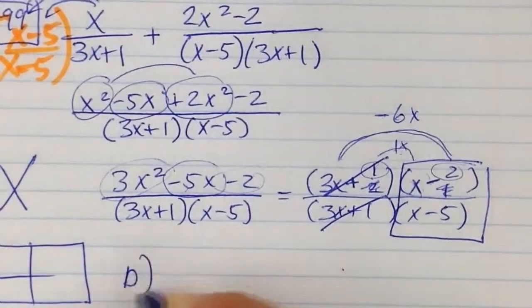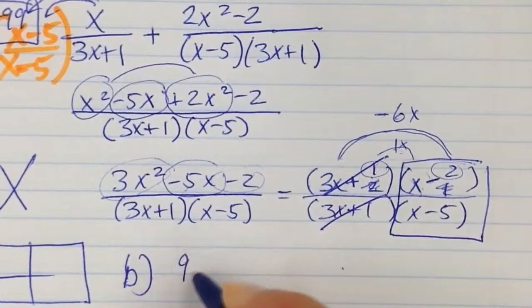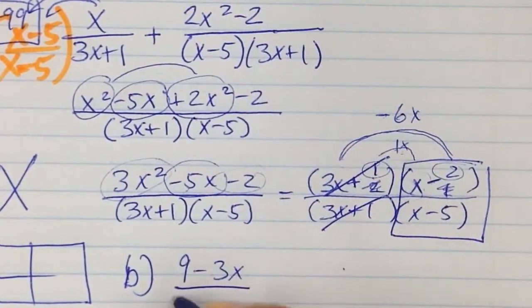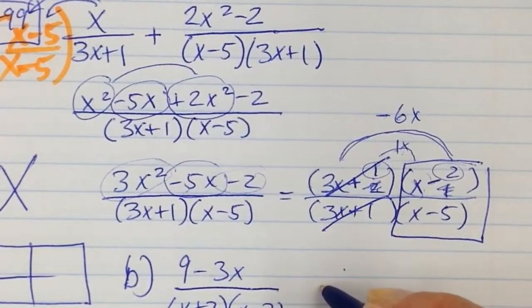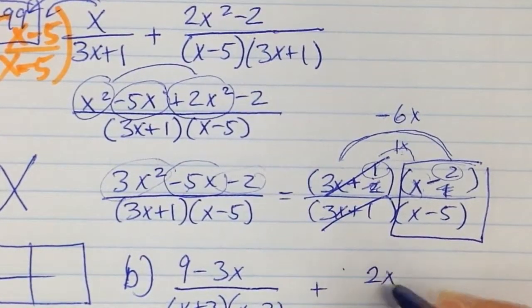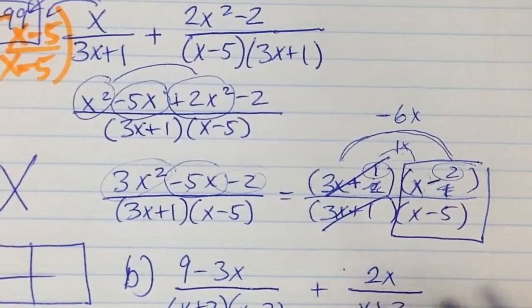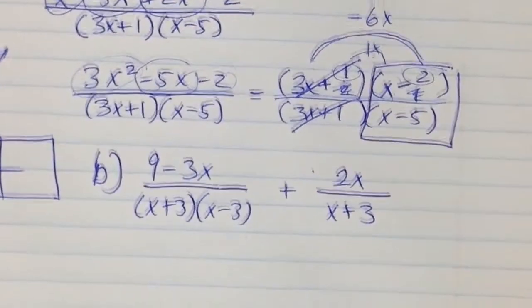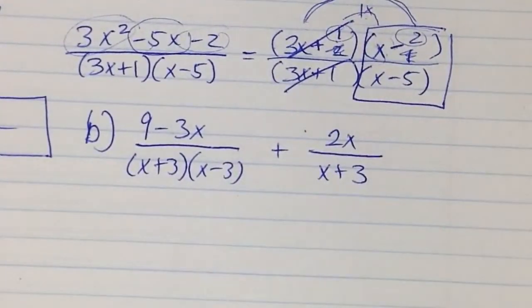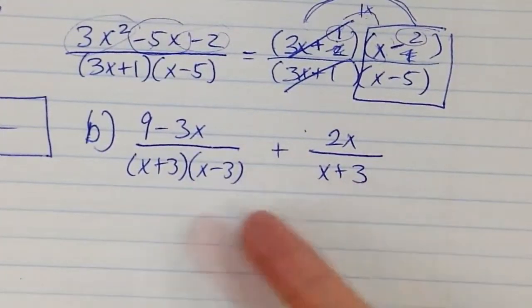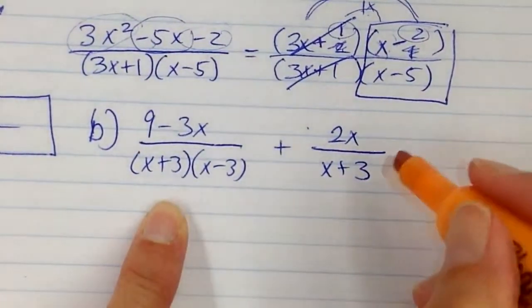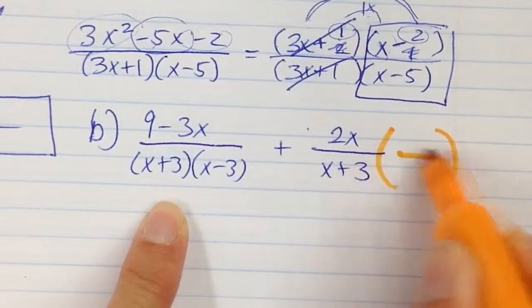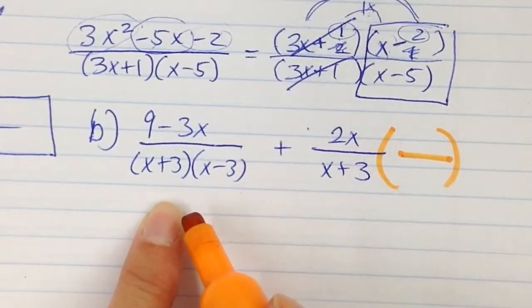And part B. So try part B here. It says 9 minus 3x over x plus 3 times x minus 3, plus 2x over x plus 3. What part is the same for the denominator? X plus 3. This part is missing. What can we multiply by to get it to look just like the other side?